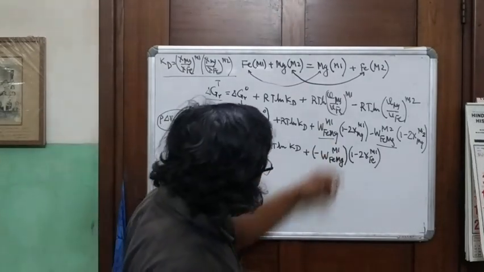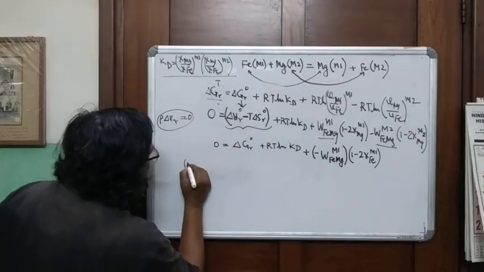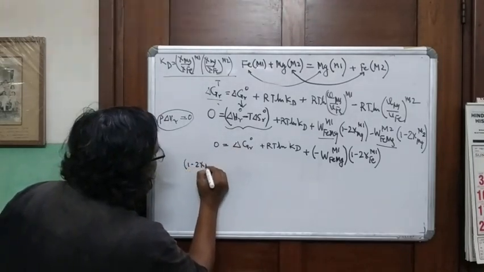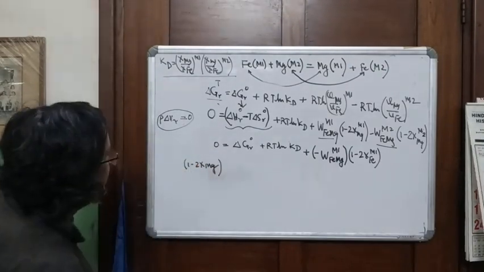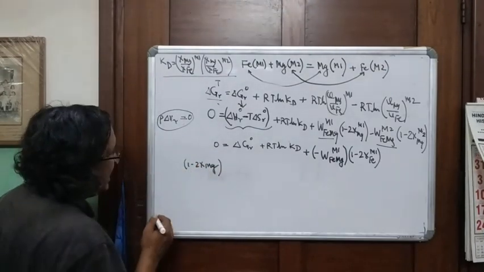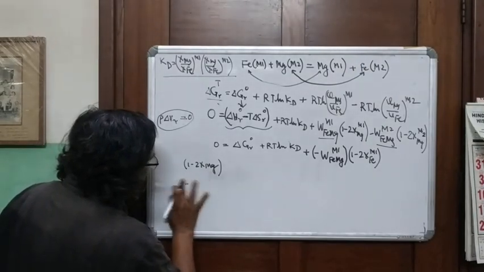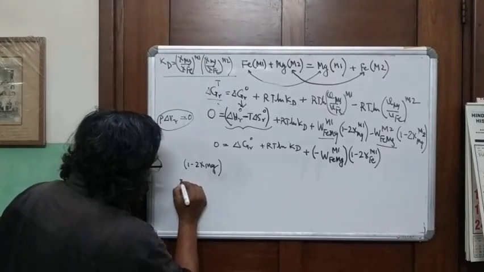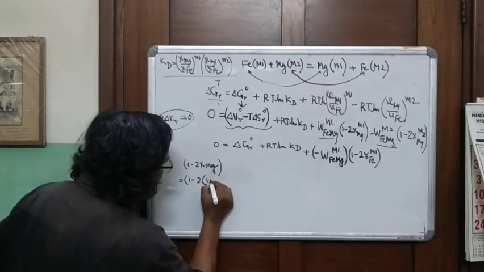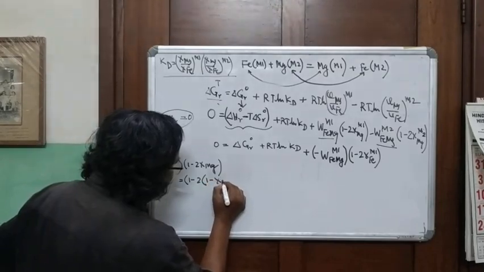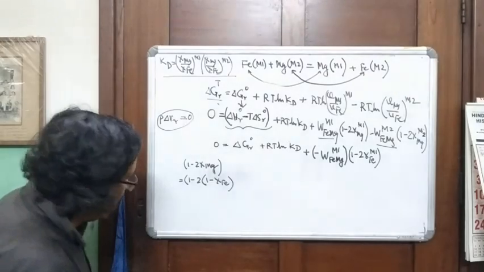How can I write this expression? I will do it quickly. See, 1 minus 2xmg, this expression, can be written as 1 minus 2 into 1 minus xfe, because xfe plus xmg is equal to 1.